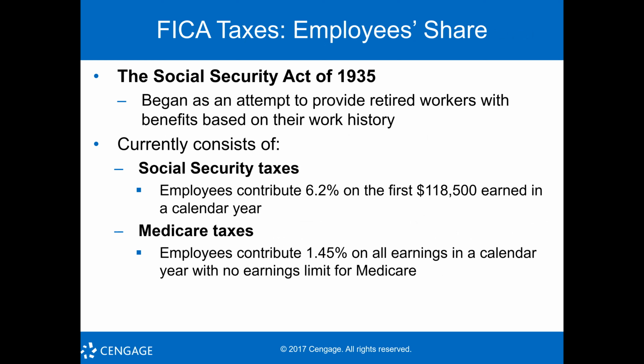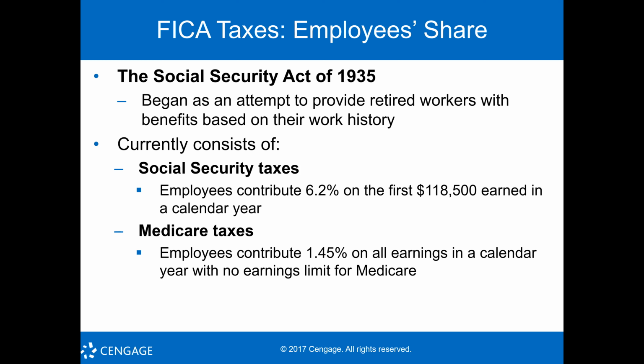Social Security taxes are 6.2% of the employee's wages up to $118,500. These numbers are based on when the book was published in 2016, so now the numbers are a little bit higher. I want to say right now it's like 137,500. But anyway, we're going to use the numbers that your textbook is based on.